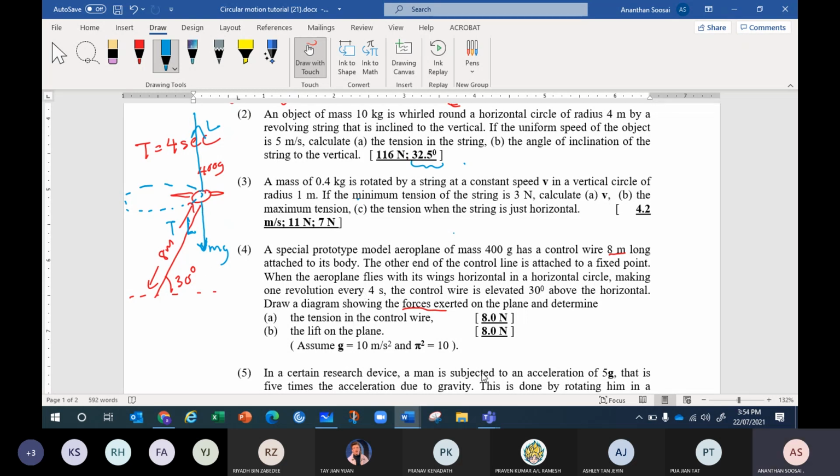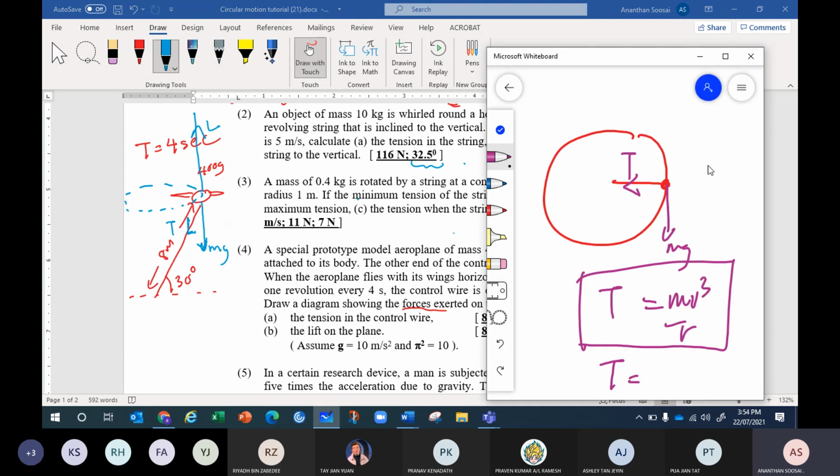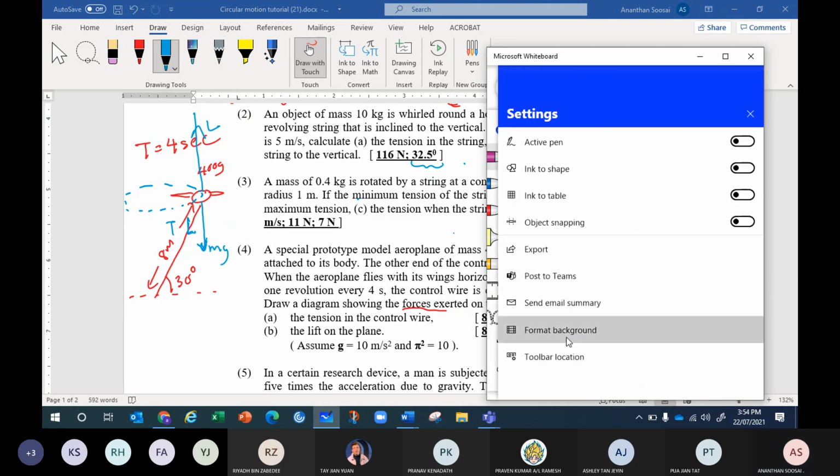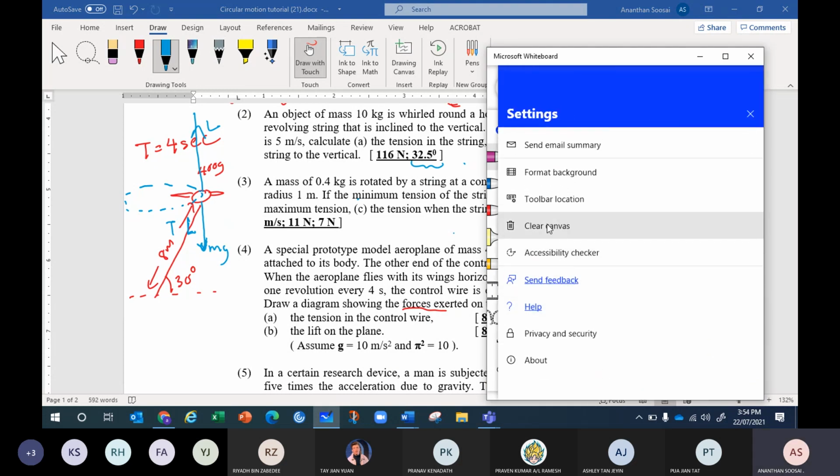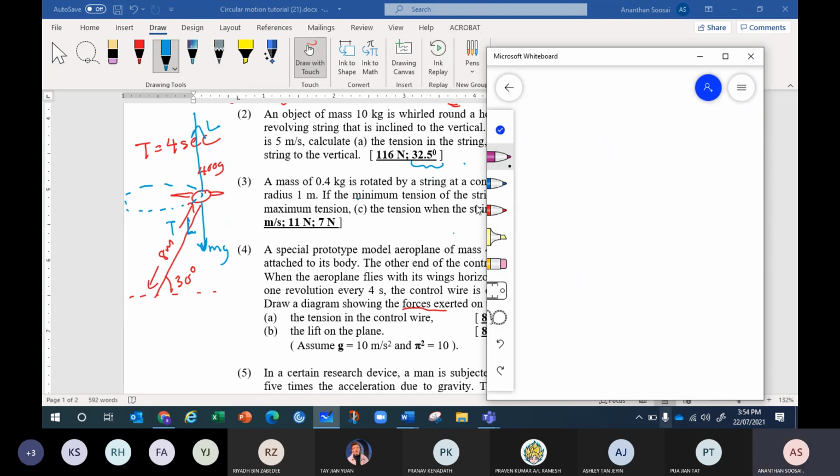What equals the centripetal force for this system? Tension like this, mg down. From here it makes 30 degrees, with the lifting force vertical. It makes a circle here.